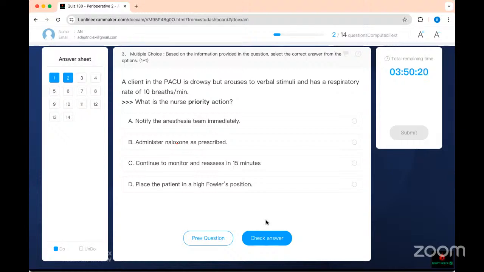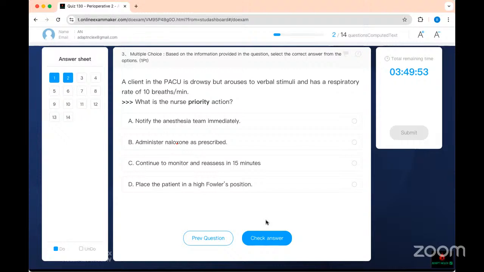That means this patient just had anesthesia, probably still has opiate in the system. Give them naloxone, and they will wake up, and that will increase the respiratory rate. We're not going to continue to assess the patient because his respiratory rate is going down. Placing them in high Fowler's is not because they have an oxygen problem. You see how you can be trapped. Always work with what you give me.